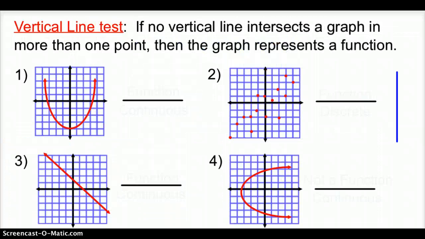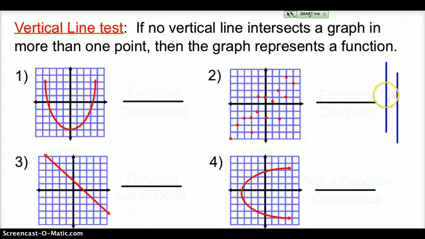Now that gets us into another vocab word, the vertical line test. The vertical line test basically tells us if the graph is a function or not. And how does it do that? Well, I'm going to take this vertical line, and if it intersects the graph in more than one point, it is not a function. So can I place this vertical line on more than just one point at any time?